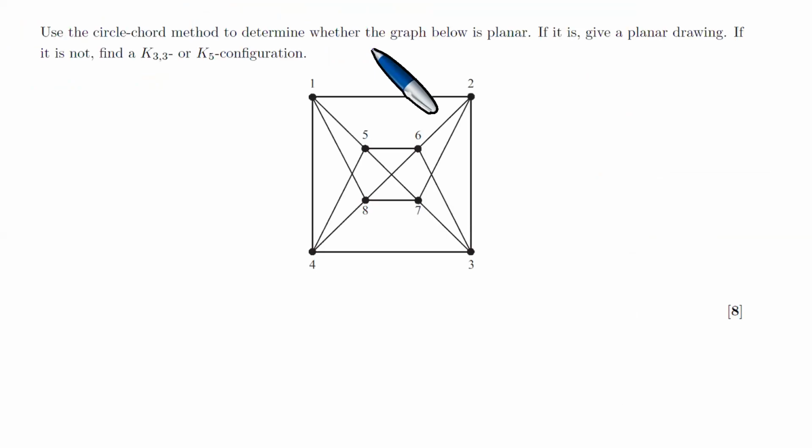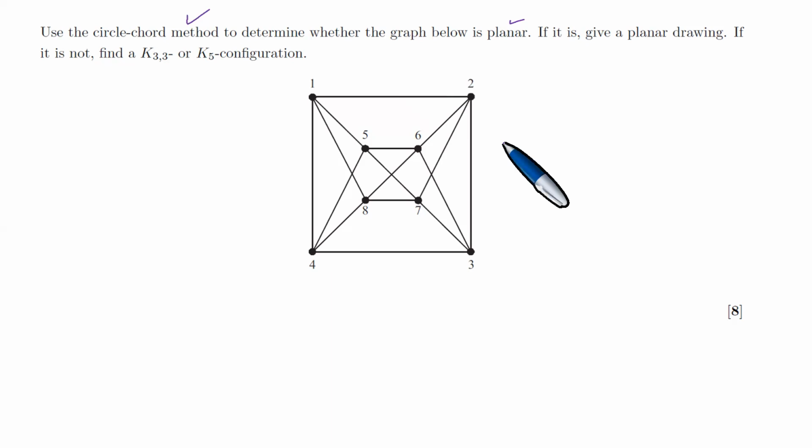Right, let's put another example now that is about more graphs. In view of this second chord method, let's look at this particular problem: second chord method and planarity and planar graphs. Use the second chord method to determine whether the graph below is planar.